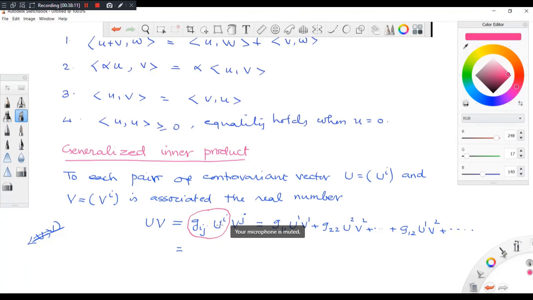So what is the product? I say this is a covariant tensor of rank 2, that you know. This is a contravariant vector of rank 1. Here is an i and here is an i.